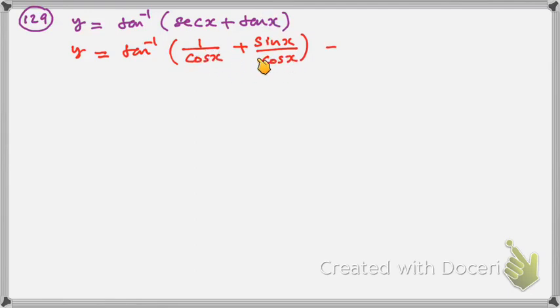Now I take the LCM, the common denominator is cos x, so I'll get 1 plus sin x by cos x. So this is going to be tan inverse of (1 plus sin x) by cos x. But then we realize, unfortunately, we don't have a formula for 1 plus sin x, but 1 plus cos x has a formula. So I know that I have to change sin x into a cosine term, and sin theta can be written as cos of pi by 2 minus theta.